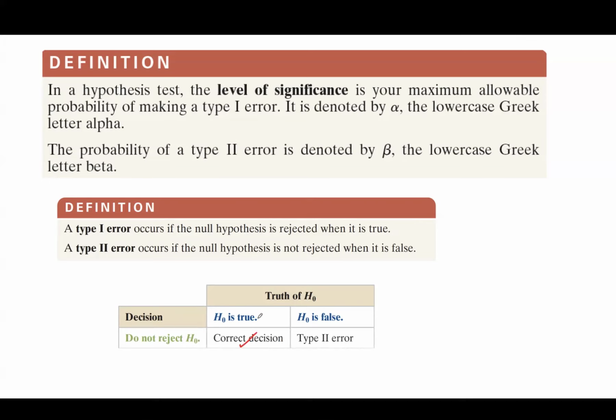But if the null hypothesis is false and you do not reject it, it's a type 2 error. Another decision can be rejecting the null hypothesis. If the null hypothesis is true and you reject it, it's called a type 1 error. However, if the null hypothesis is false and you reject it, this is a correct decision.